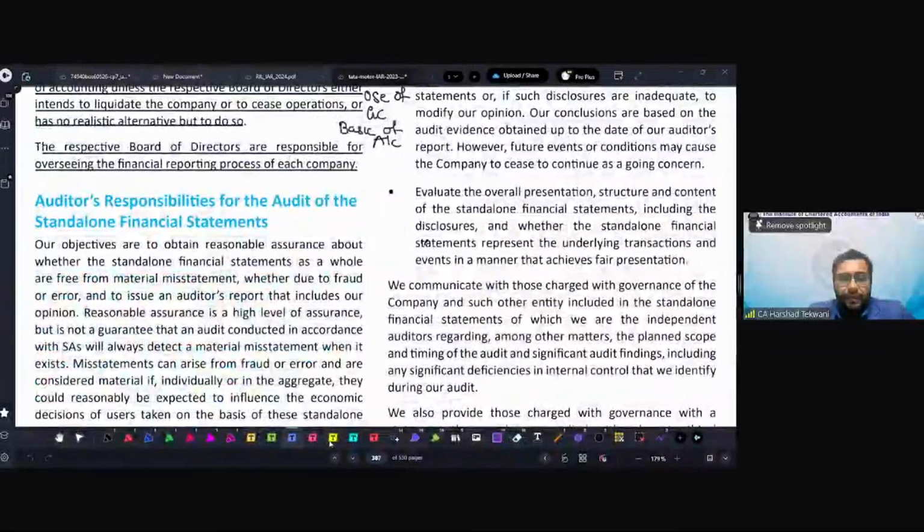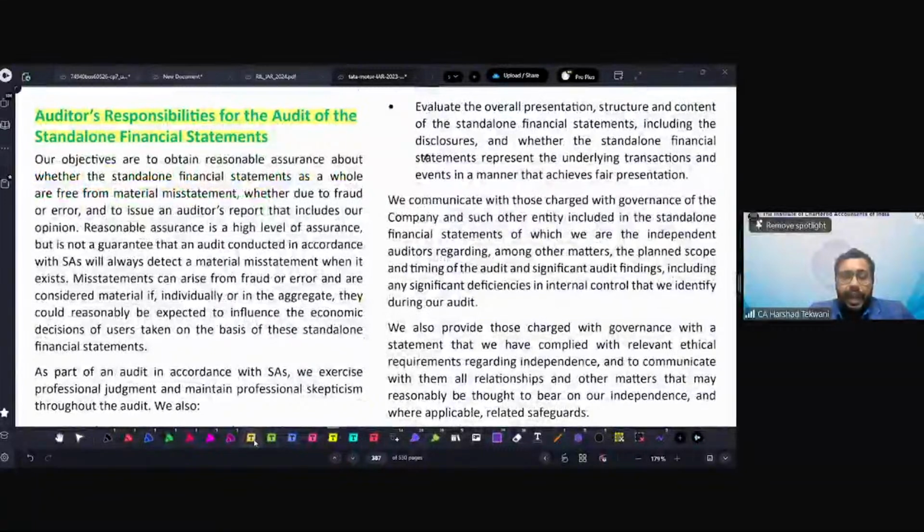So your next paragraph, auditor's responsibility. The first thing they are writing is, our objectives are to obtain reasonable assurance about whether the standalone financial statements as a whole are free from material misstatement, whether due to fraud or error, and to issue an auditor's report that includes our opinion. We have read this one. From where is it coming, any idea?